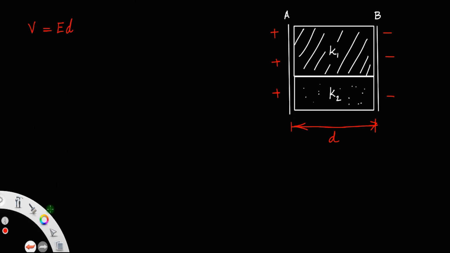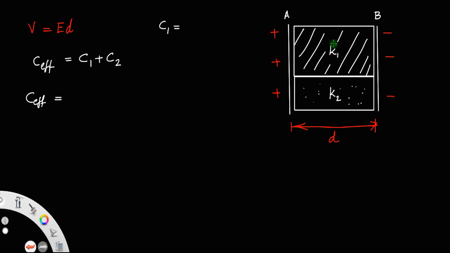Now, for the parallel combination, C effective will be C1 plus C2. We already derived this expression. If you have any doubt, you can always go back and check the video on the combination of capacitors in parallel. That is, C effective is equal to C1 plus C2.